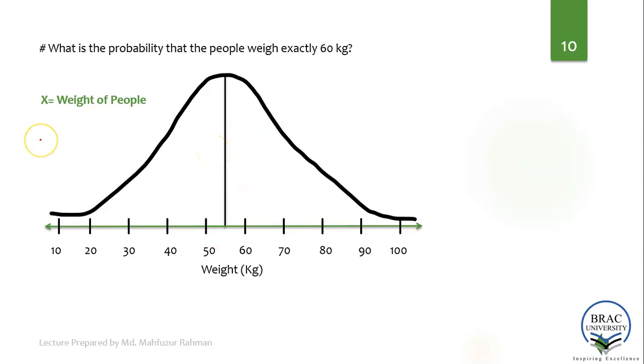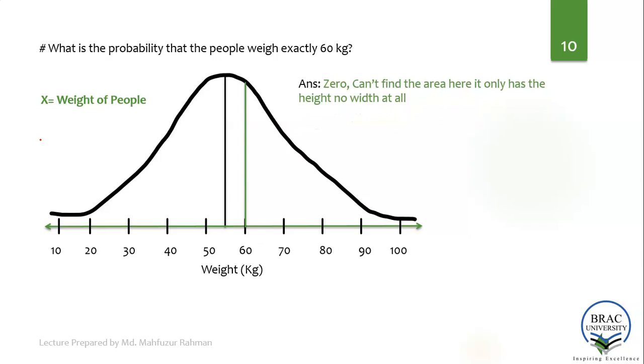Now, a common mistake that students make in this type of question is that when they see exactly 60, they put a line and then calculate the probability, which is actually the way for discrete, but in continuous it will be 0, because in continuous we need to find the probability of the area.